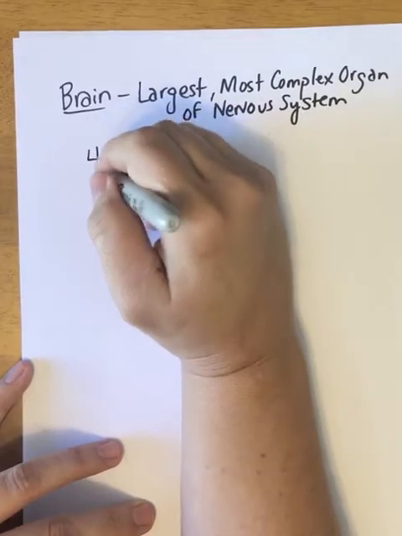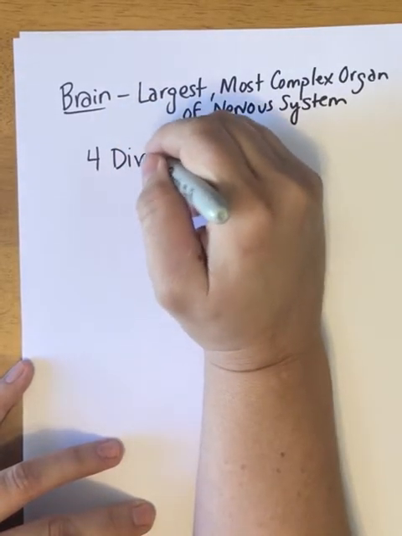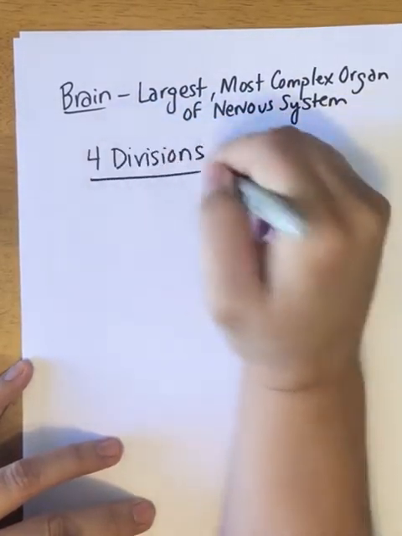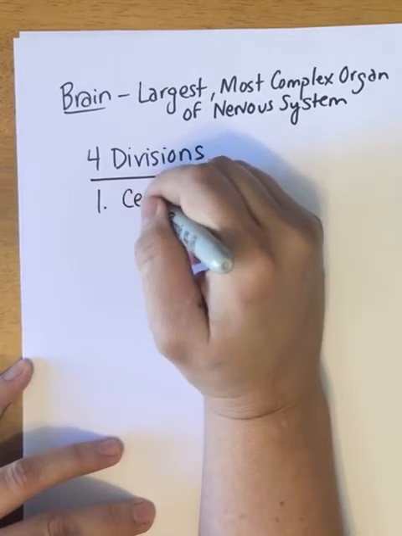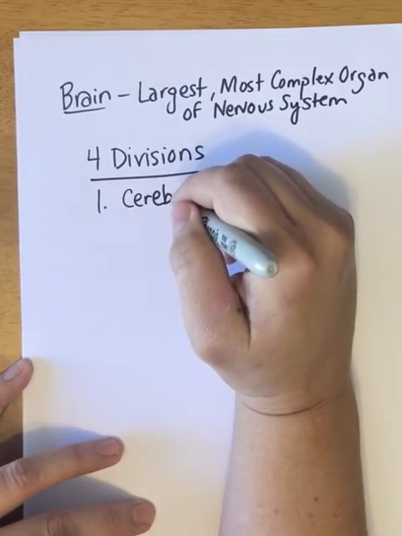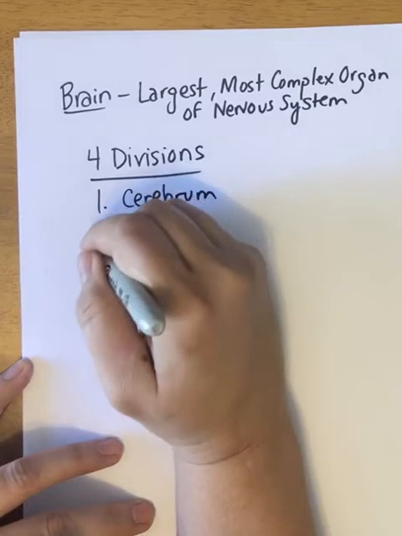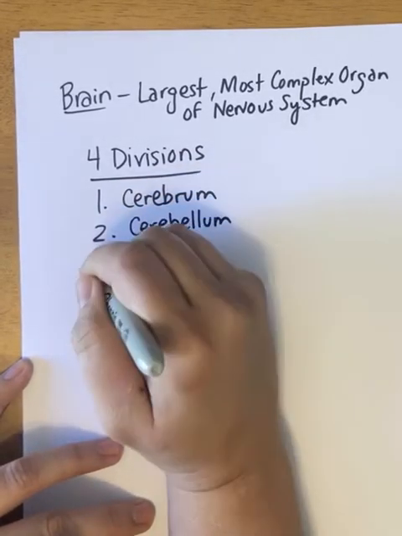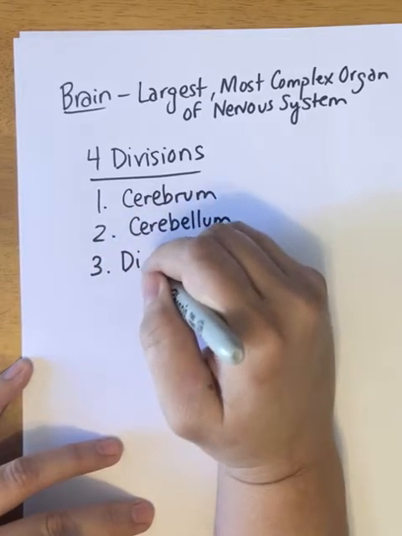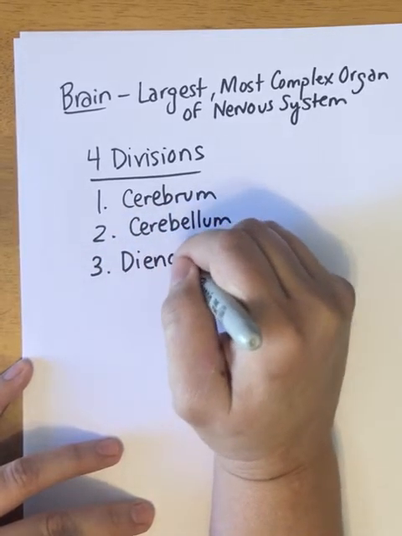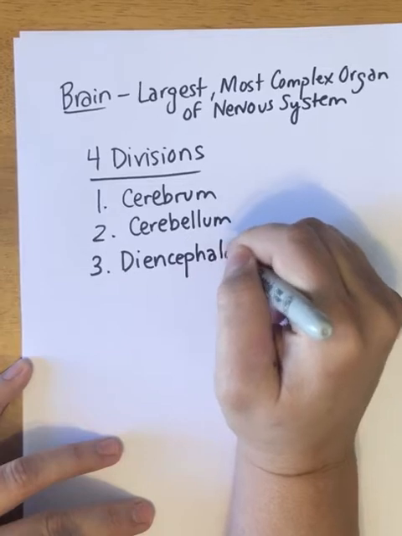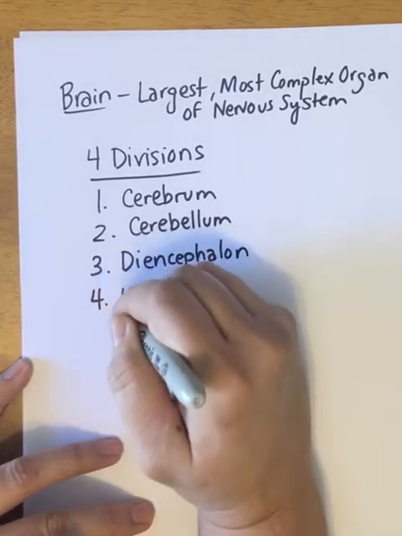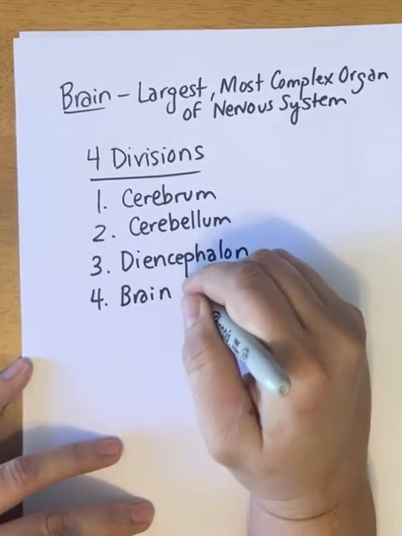It does have 4 divisions. The first one is the cerebrum. Second largest is cerebellum. Third largest is diencephalon, which is on the inside. And the 4th thing is the brain stem.